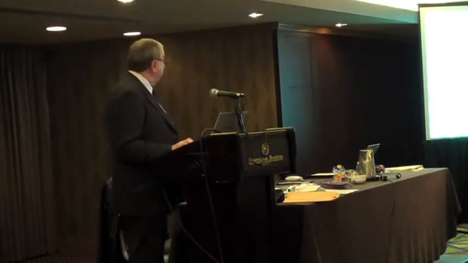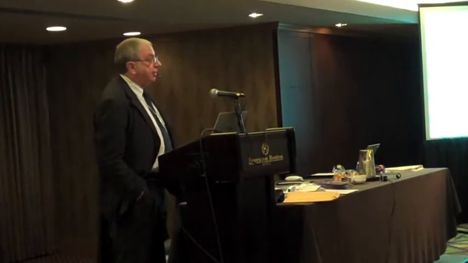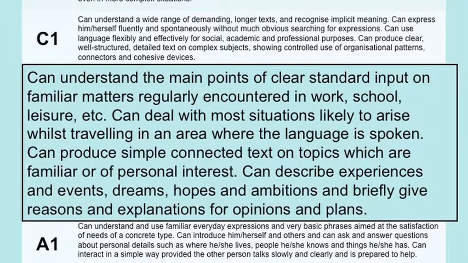Now, I wouldn't claim I can read that, but you can see how that descriptor for B1 contains elements from the longer, all-embracing attempt at a descriptor for B1 on the global scale.